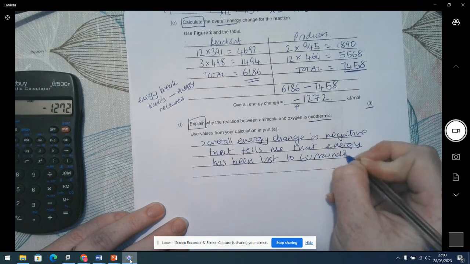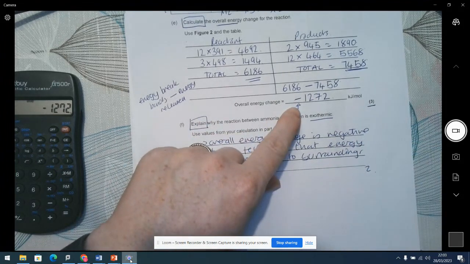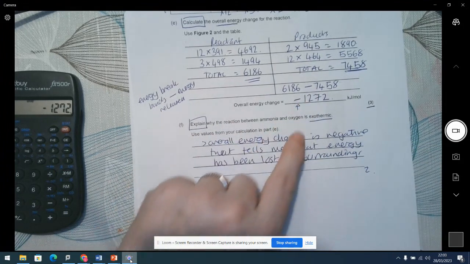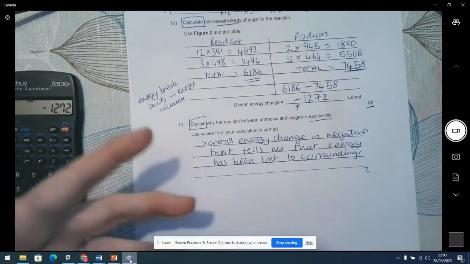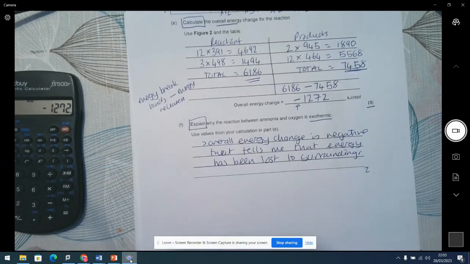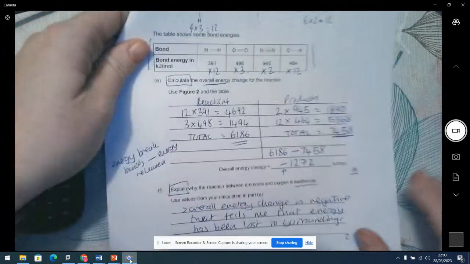So what I'm hoping you can see here is that it ties in with the reaction profiles. A negative energy change is an indication that you've got an exothermic reaction. And if it was a positive energy change, then you'd know it's an endothermic reaction because energy has been taken in from the surroundings. So that's one example of bond energy calculations.